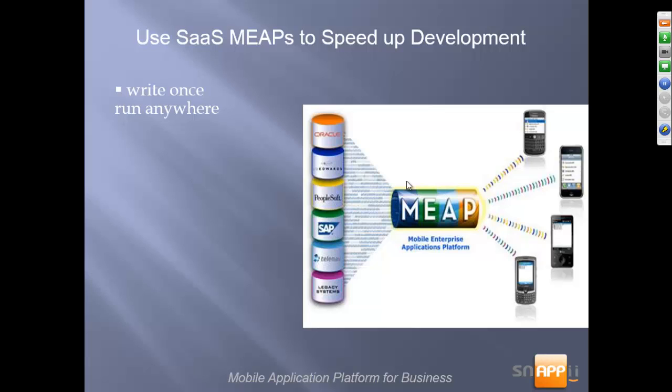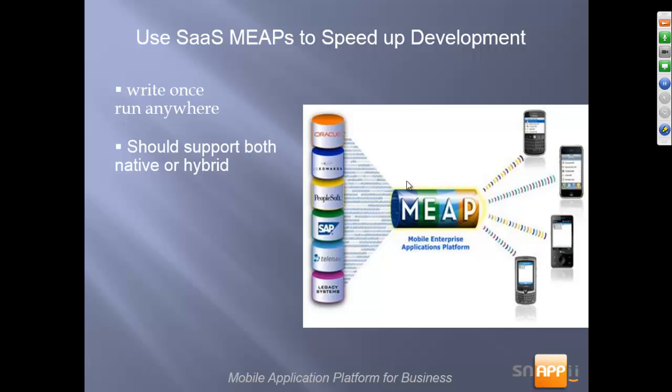But in any case, you create one app, and it should create apps for all the platforms that you want to support. Second thing is, a good MEAP should not force you to use either a native or a hybrid approach. A good MEAP should give you the support to do both, whichever approach you want to use.